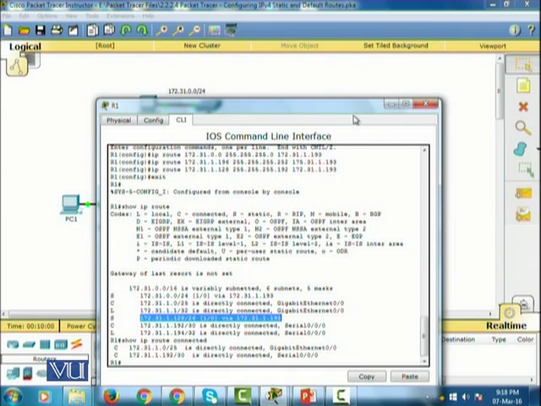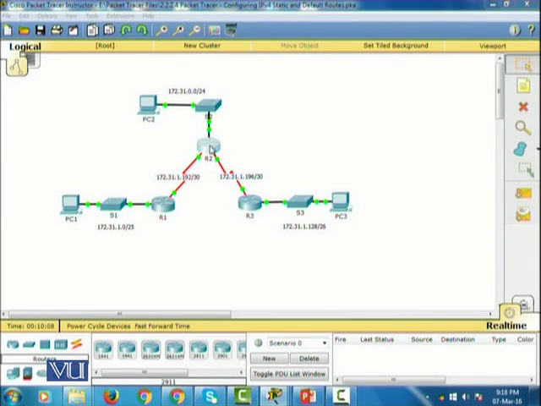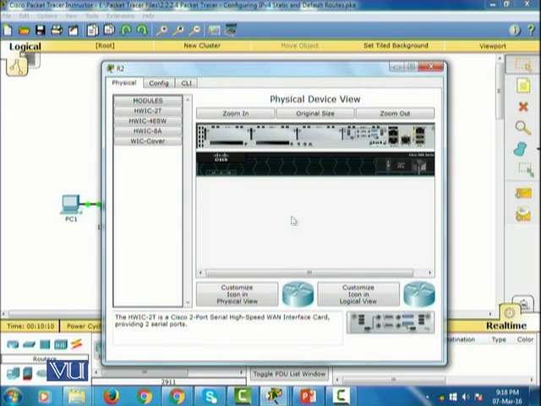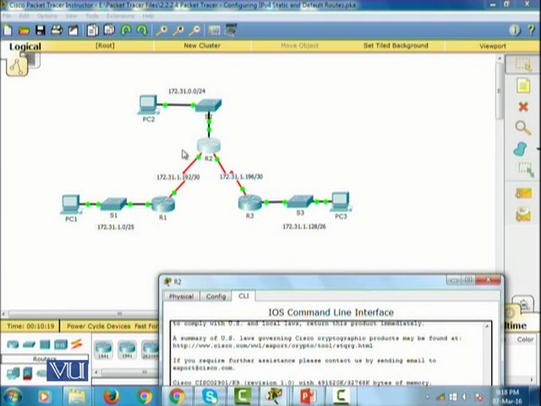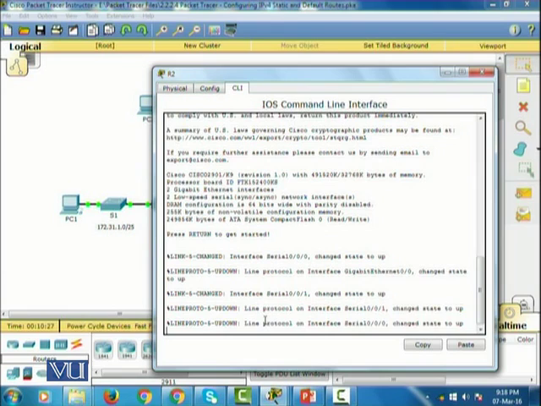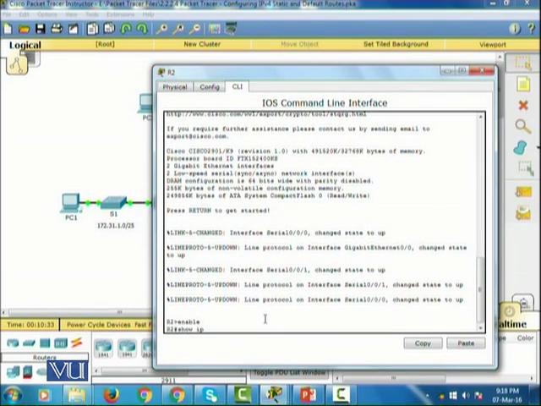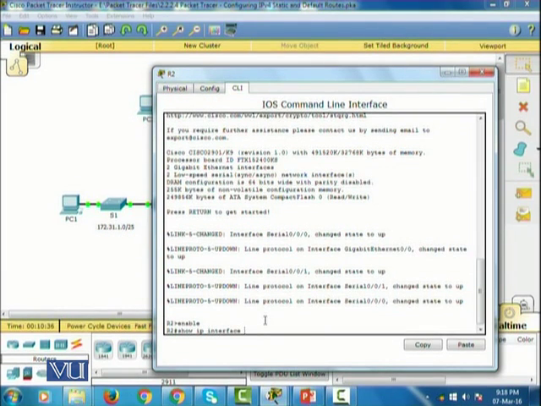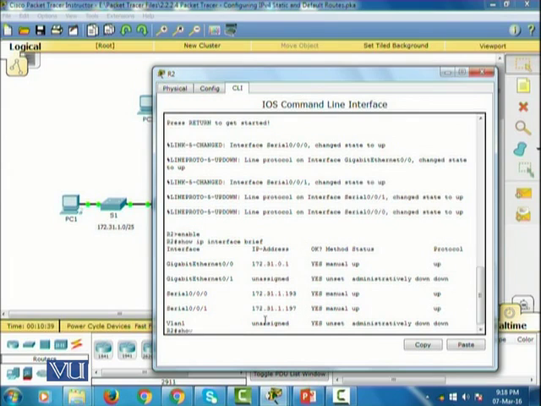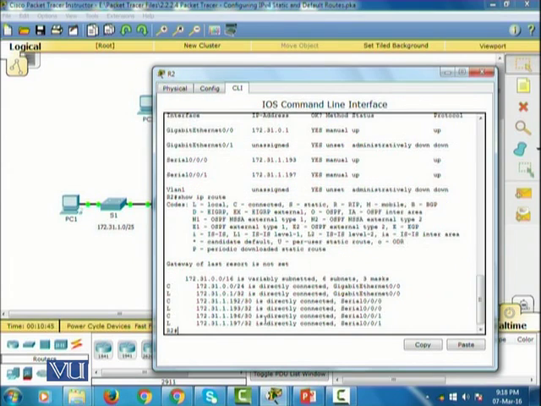All right, so let's go to the router R2. Okay, router R2, and in router R2 I'm going to configure a directly attached static route, because it's going to be a point-to-point link. Remember, for a point-to-point configuration, directly attached is recommended and more feasible. So enable and show IP interface brief. All right, and show IP route.